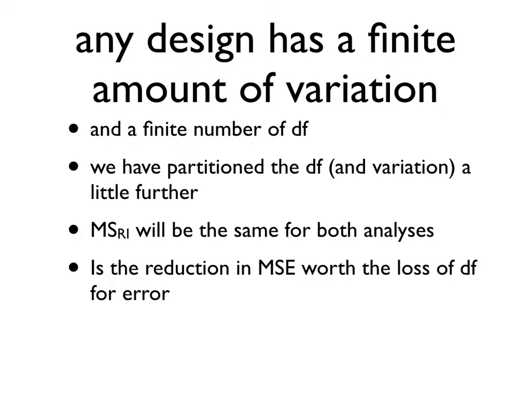The question you always have to ask yourself is whether the reduction in mean squared error is worth it. Making that smaller is good because we divide by it. But we paid for it with a loss in degrees of freedom. If you look at an F table, the critical value gets bigger when you have fewer degrees of freedom.